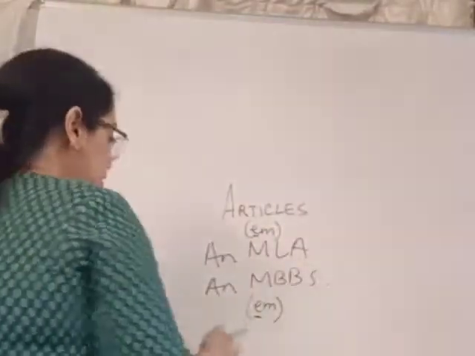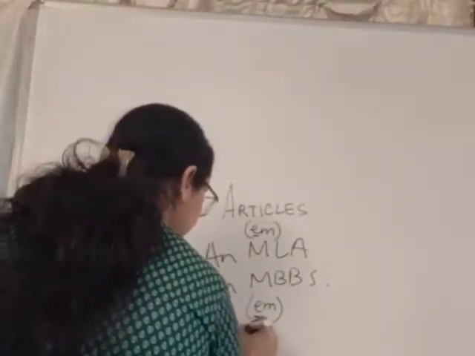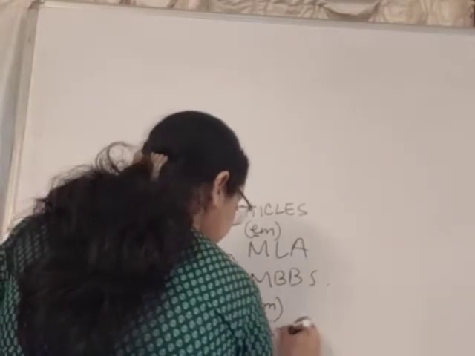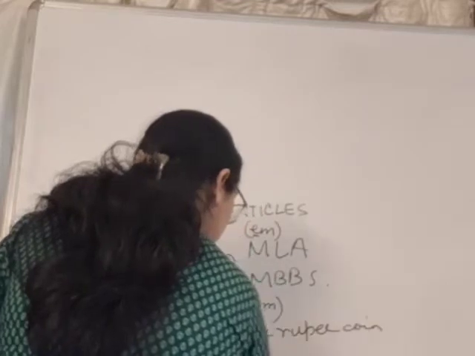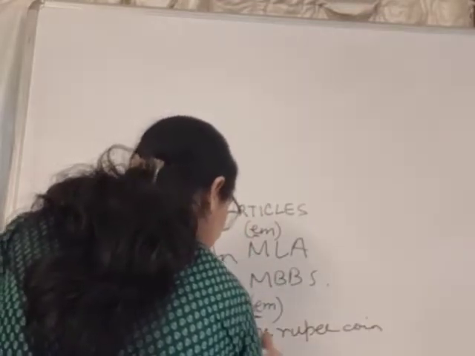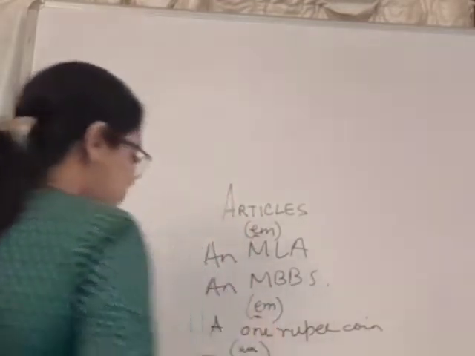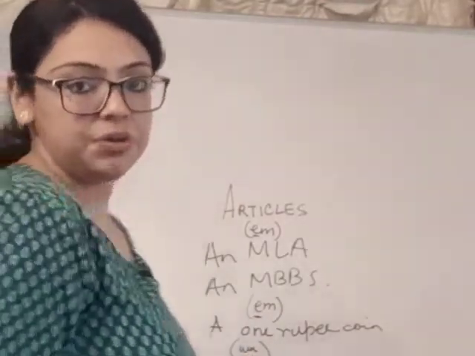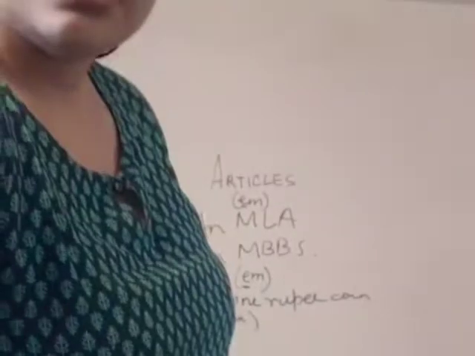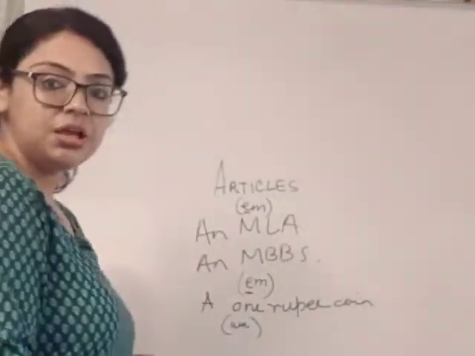Similarly, a unicorn, a one rupee coin. W-O-N is pronounced as one here, right? I hope you can see it. You can see it now? Yes.